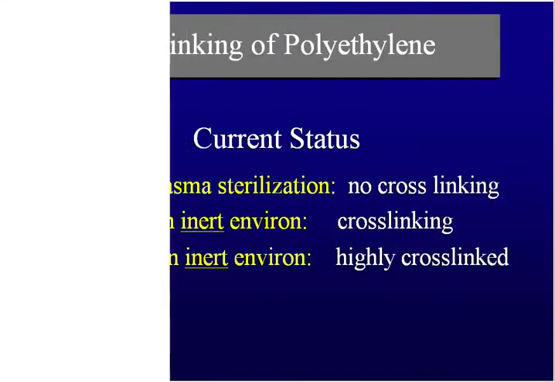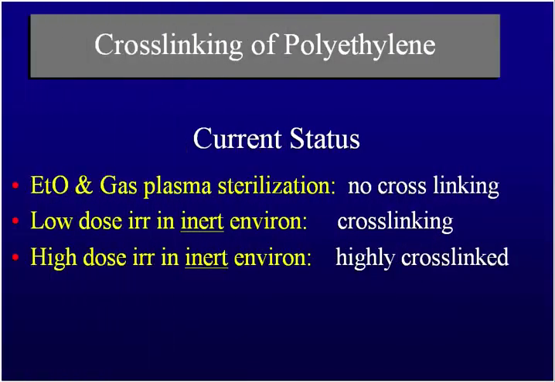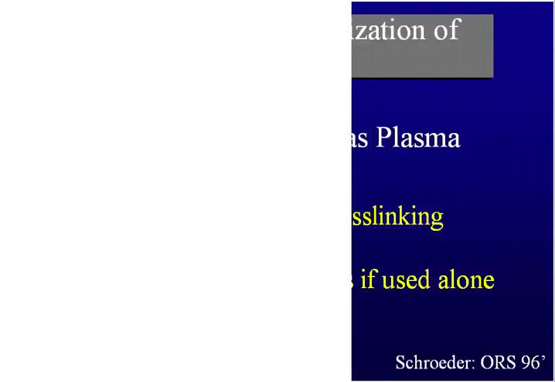Okay? So our current status with cross-linking of polyethylene is you can use ethylene oxide or gas plasma sterilization, which has no cross-linking, i.e. no effect on the polyethylene whatsoever. You can use low-dose irradiation in an inert environment, i.e. no oxygen, when you get cross-linking. Or you can do high-dose irradiation in an inert environment, which gives you highly cross-linked polyethylene, which also improves wear resistance even more.